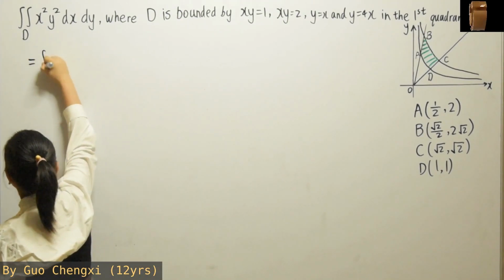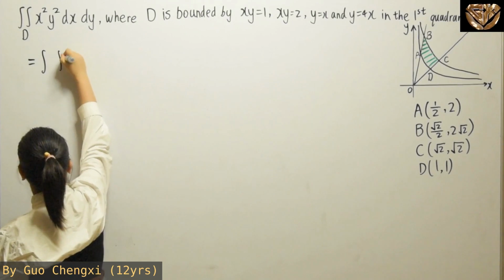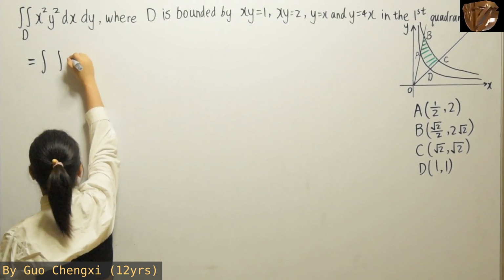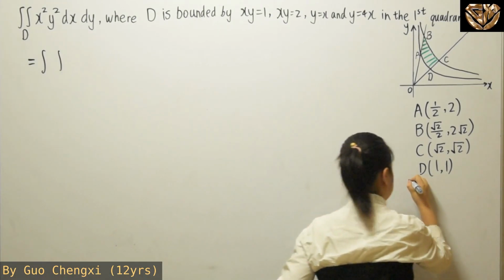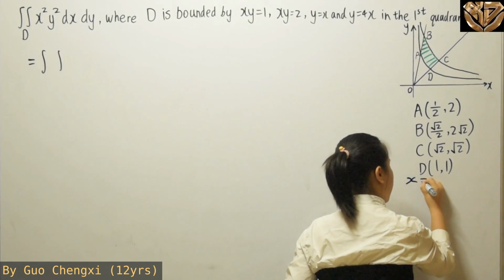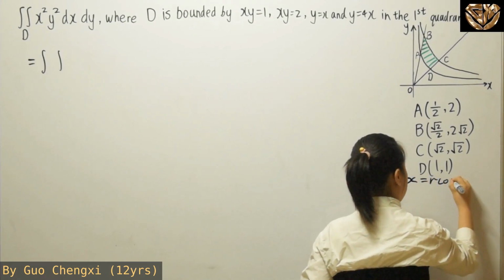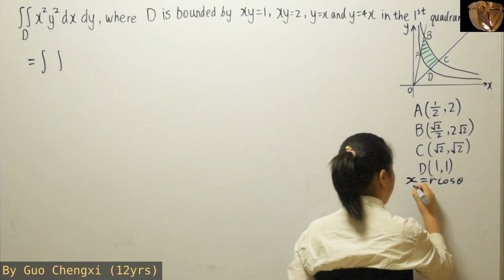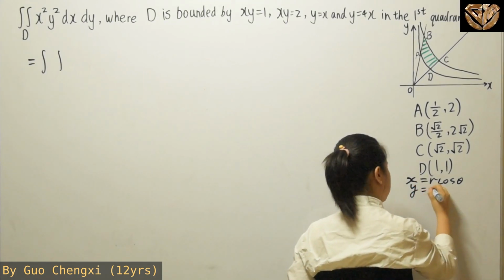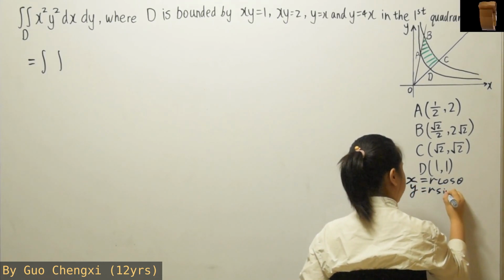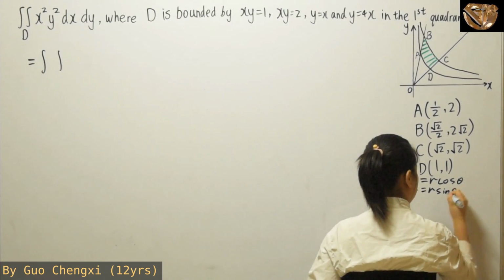So over here, what is x equal to? x is equal to r cosine theta, and y is equal to r sine theta.